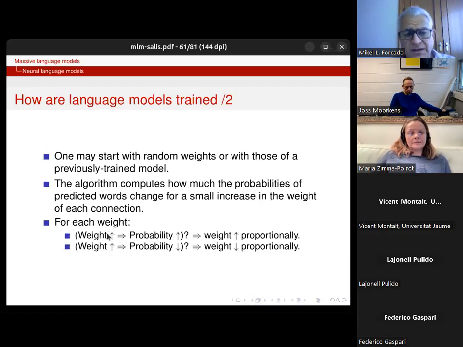If you move the weight up a little bit and the probability goes up, this means you should move the weight up, because that improves your prediction. If when you move the weight up, your probability goes down, then you should move the weight down, because that would make your probability go up.